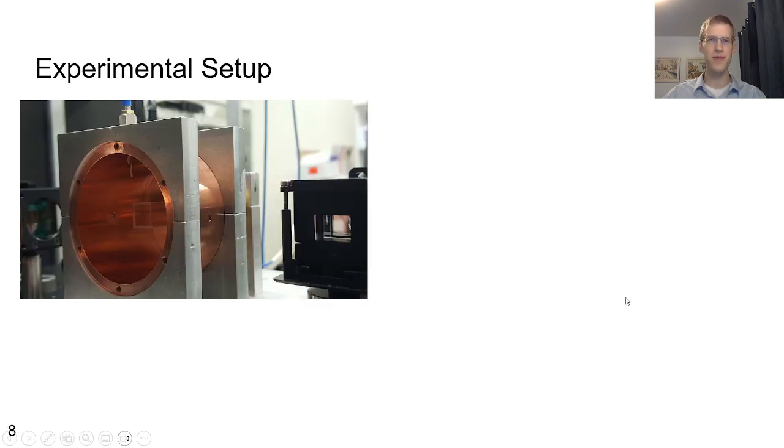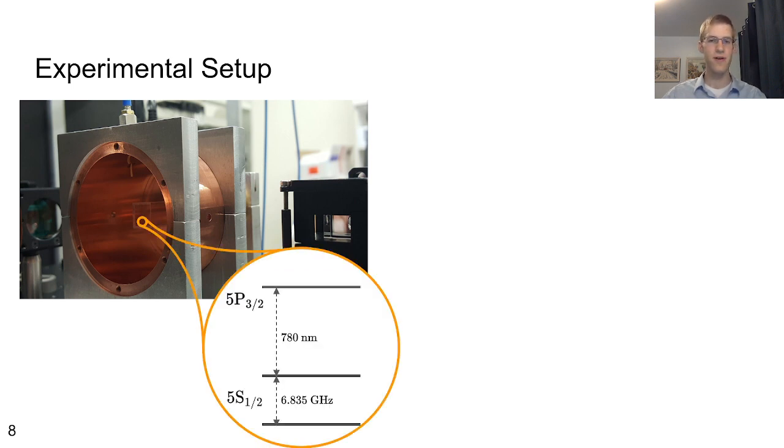So here's our experimental setup. At the center of it, we have a vapor cell of enriched rubidium-87 atoms, heated to 45 degrees Celsius. Now, inside a rubidium atom, there's a microwave transition at 6.8 gigahertz and an optical transition at 780 nanometers.